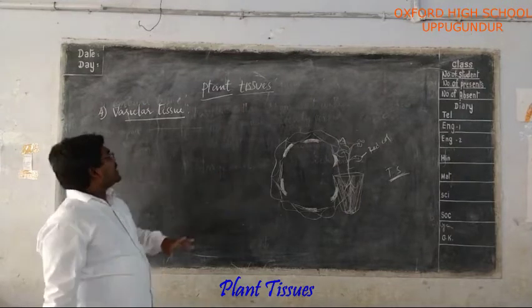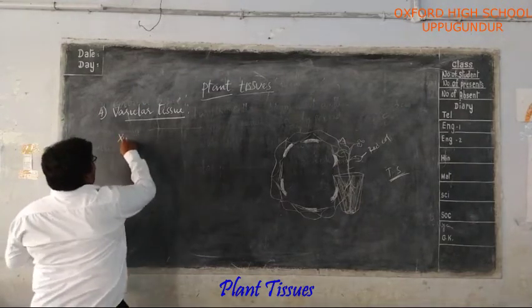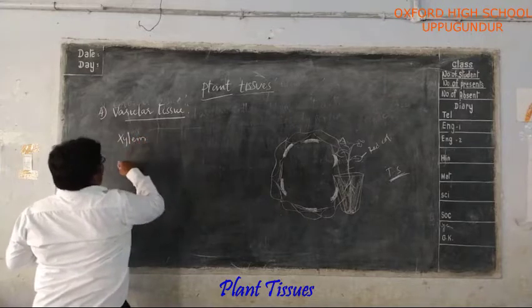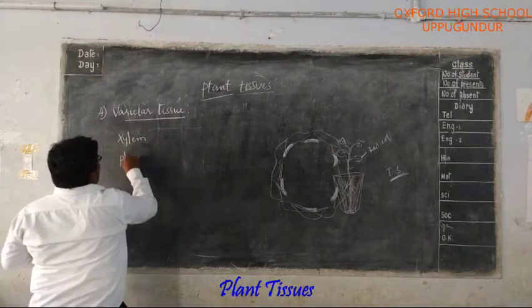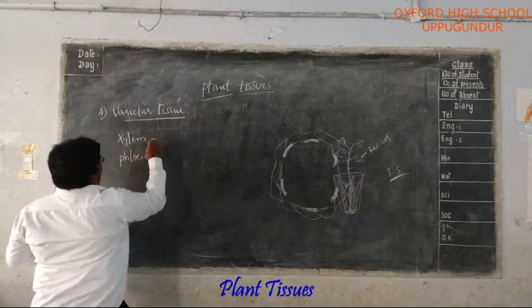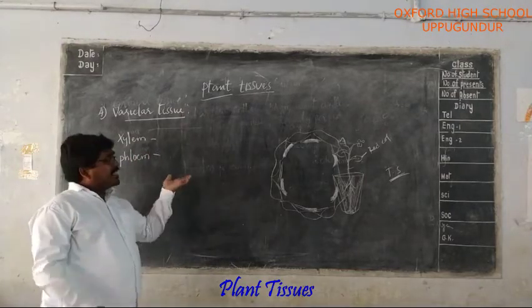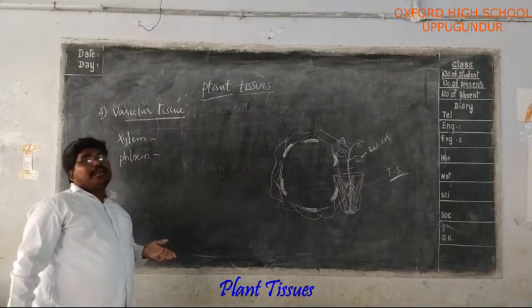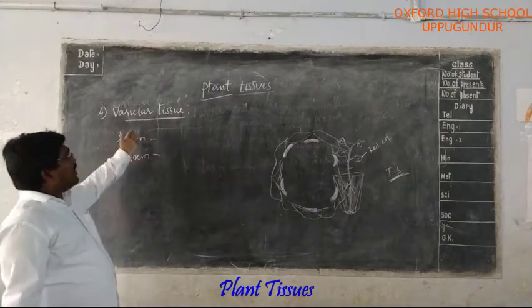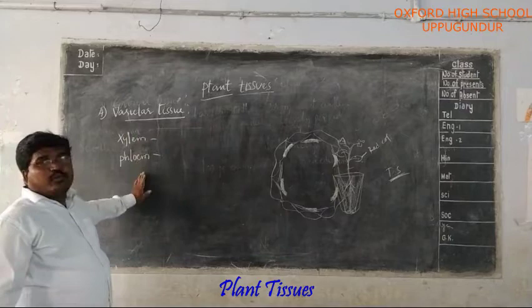Red color parts are called xylem, and the adjacent cells are called phloem. So, we can conclude that in the transverse section of the plant, the vascular bundle contains xylem and phloem.